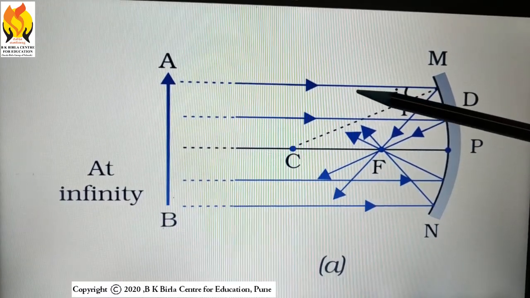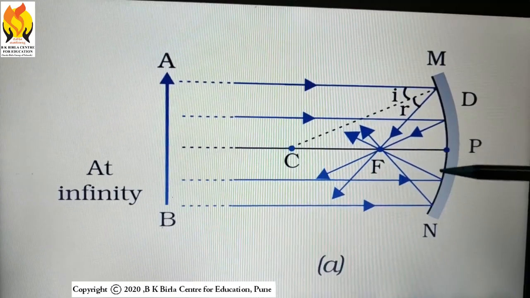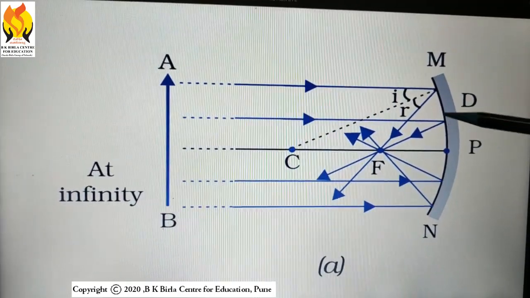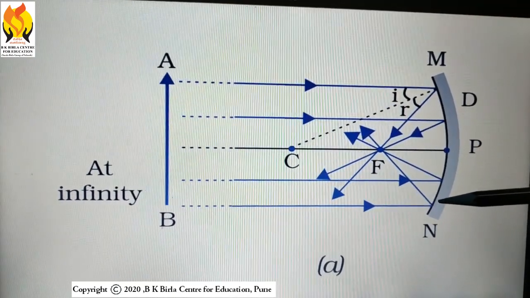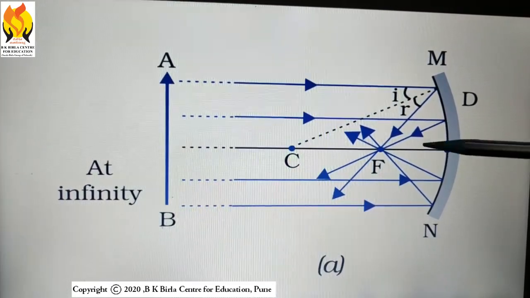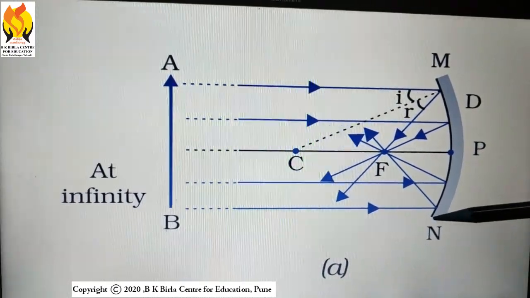Most of the reflection of light takes place on the reflecting surface, and this mirror is called concave because its reflecting surface is curved inwards, or we can say it looks like a cave. That's why it's called a concave mirror.